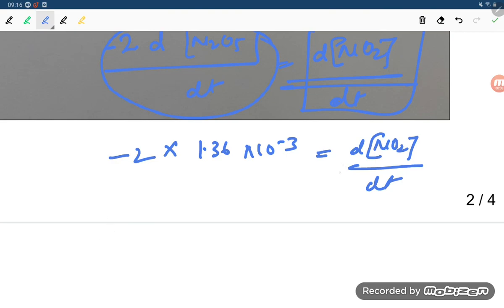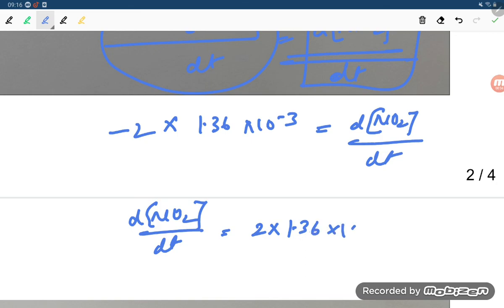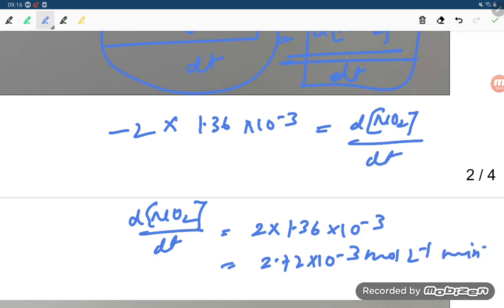Formation will be in the positive sign only. After multiplying, dNO2 upon dt is 2 into 1.36 into 10 power minus 3. So it is coming 2.72 into 10 power minus 3 mole liter inverse minute inverse. This is our rate of formation of NO2. Thank you so much for watching, friends.